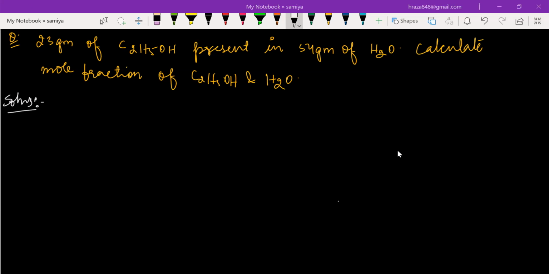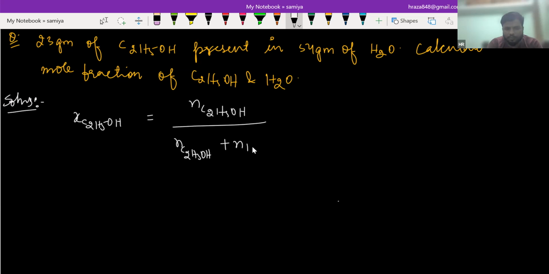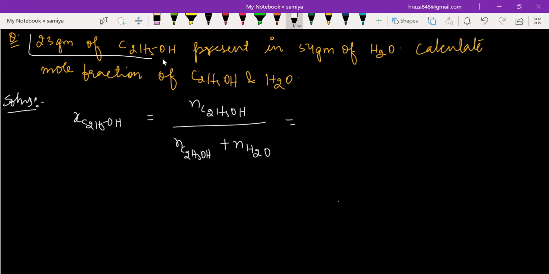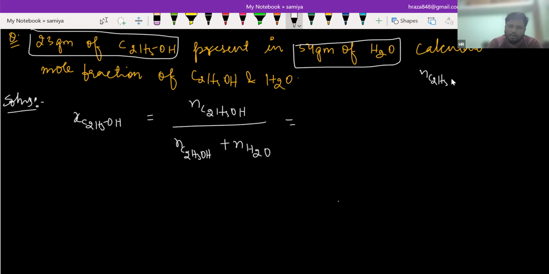Sir, I got it for C2H5OH. Okay, see. Now we need to calculate the mole fraction of C2H5OH, which has the formula: number of moles of C2H5OH upon number of moles of C2H5OH plus number of moles of H2O. You can see only mass is given, not number of moles, so I am going to calculate the number of moles with the help of the given mass.